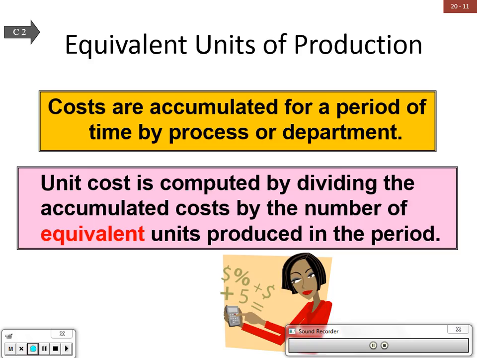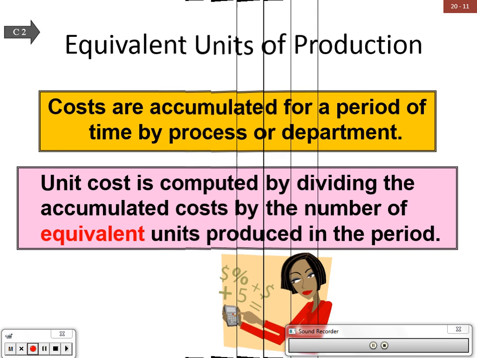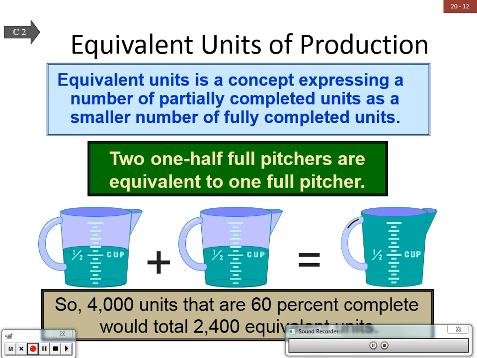So EUP, or equivalent units of production, costs that are accumulated for a period of time by process or department. Unit cost is computed by dividing accumulated costs by the number of equivalent units produced in the period. And they give you an example here. Equivalent units is a concept expressed in numbers partially completed.